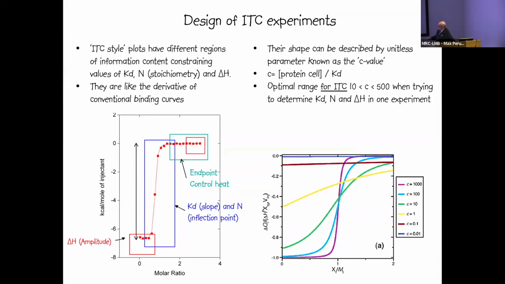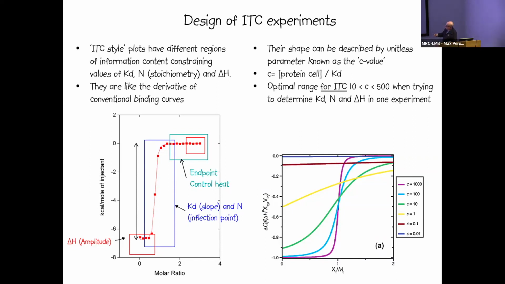And the value of the molar ratio, which is what's plotted in these unusual ITC plots, is the ratio of how much ligand you've added divided by the concentration of the sample in the cell. The slope of this and the inflection point is telling us about the stoichiometry of the interaction. Then this data up here is telling us what the control heats are like, the end point of the reaction.